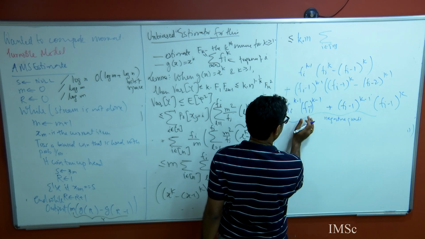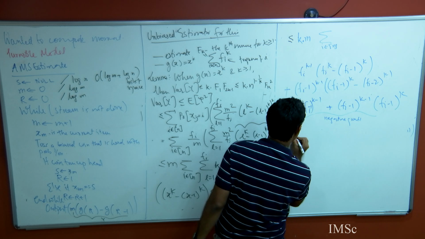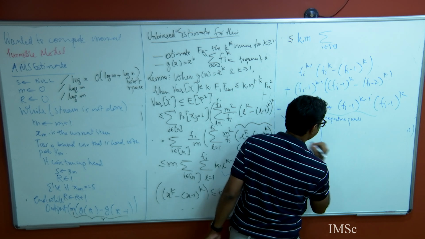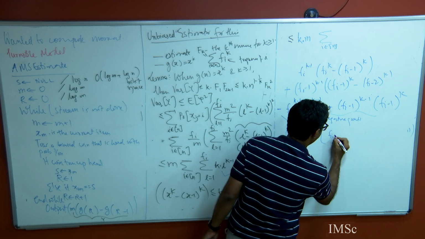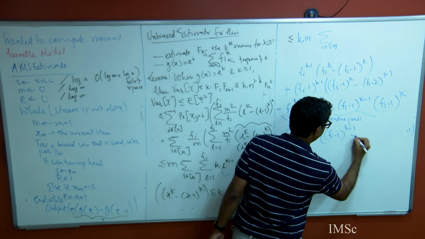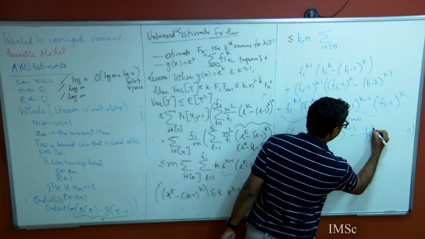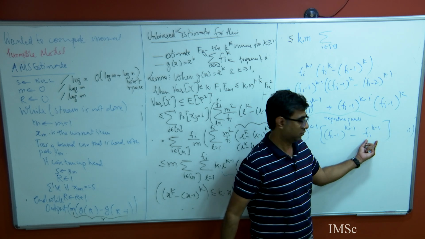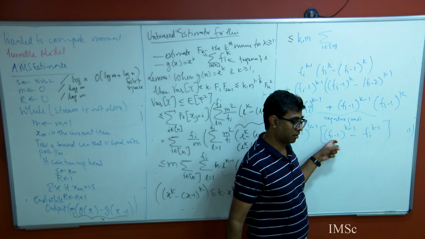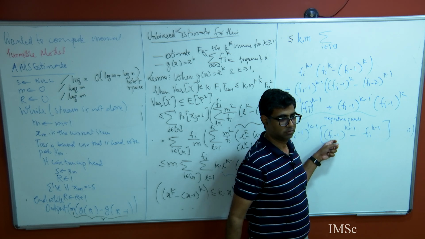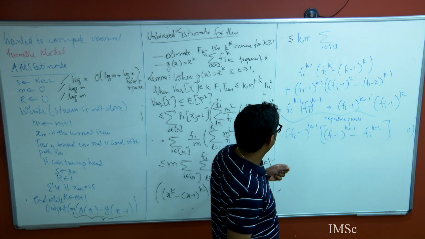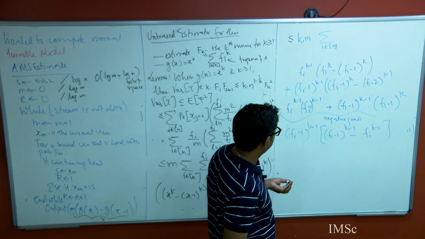Because let's take fi minus 1 to the k minus 1 common. Then you are going to get fi minus 1 to the power k minus 1 minus fi to the power k minus 1. This quantity is only going to be smaller than this quantity, no? Because they have the same power and this is a smaller number. What? fi minus 1 raised to k, fi minus 1 raised to k inside the bracket.